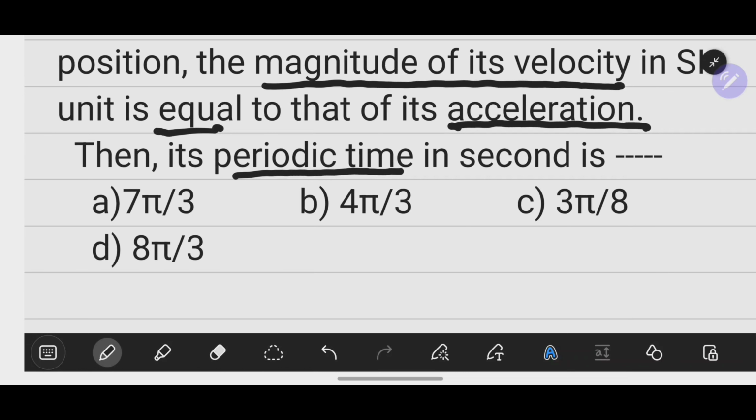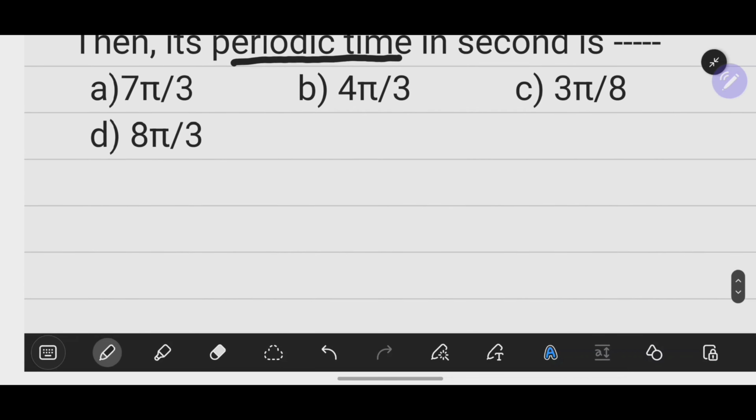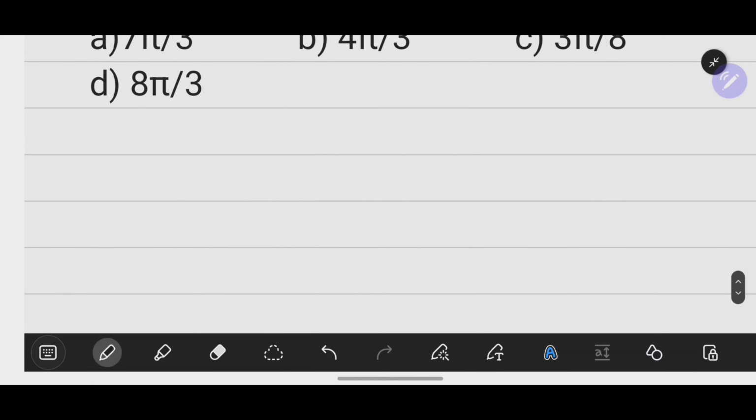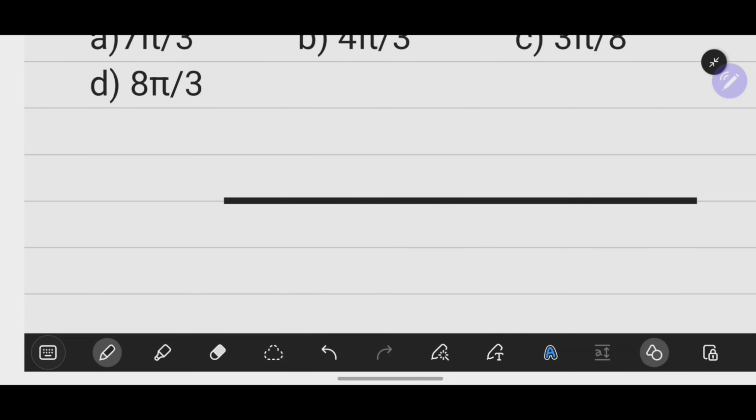Let us know the solution regarding this one. Let us understand the diagram first. For that I need to draw one diagram. Here is a straight line, a particle performing simple harmonic motion, and when it performs simple harmonic motion, it has its mean and extreme positions. This is your mean position and this is your extreme position.